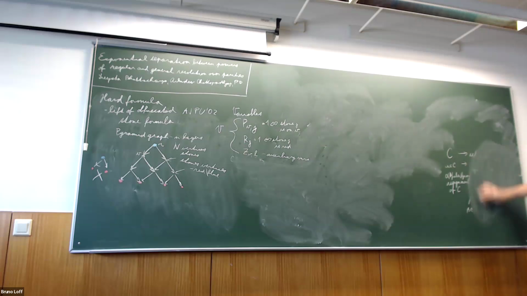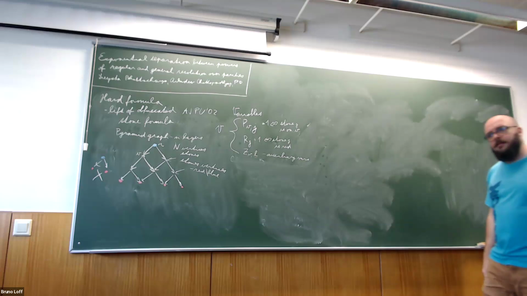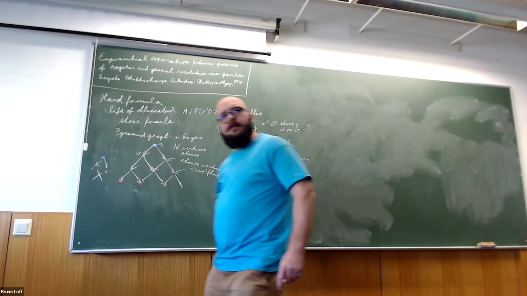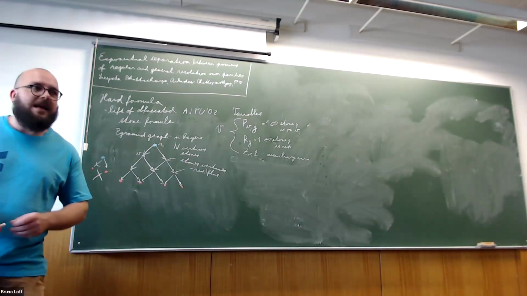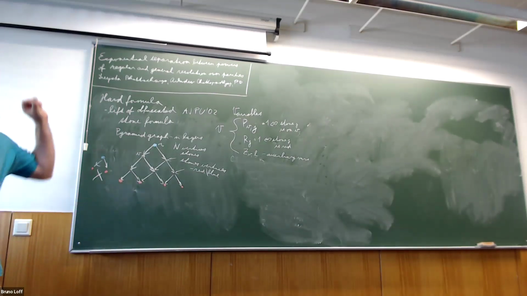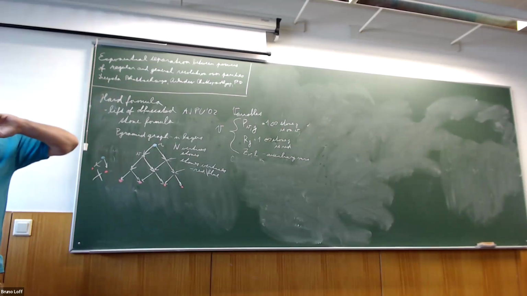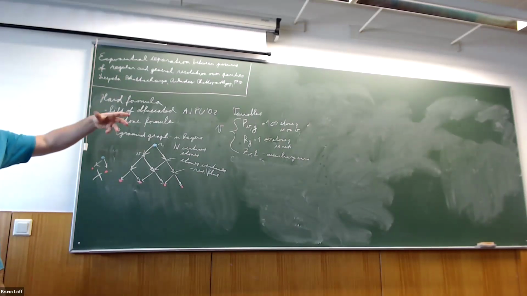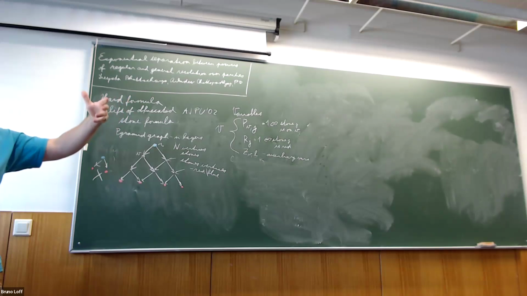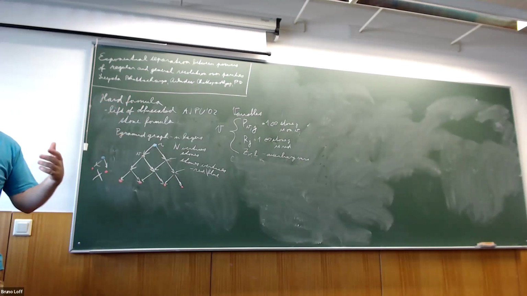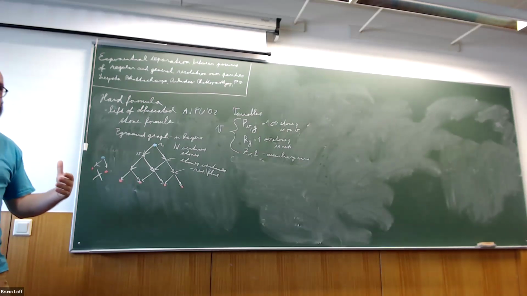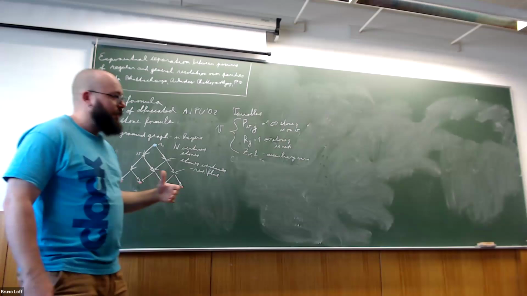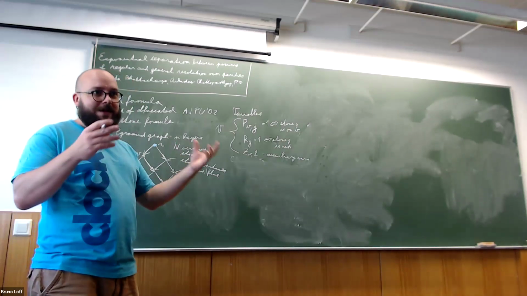Wait, but are you going to prove a lifting theorem for communication complexity? Because communication complexity is a tree, it's not a DAG. Yeah, because part of the lower bound is a lower bound against decision trees.